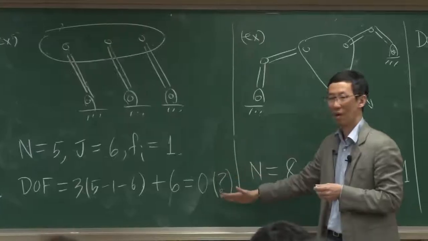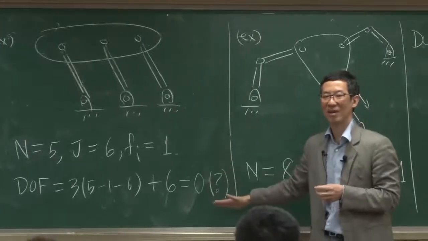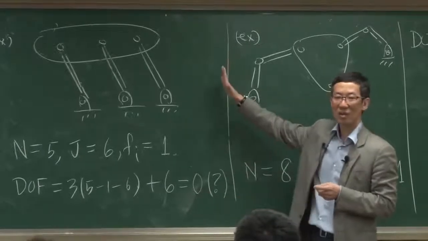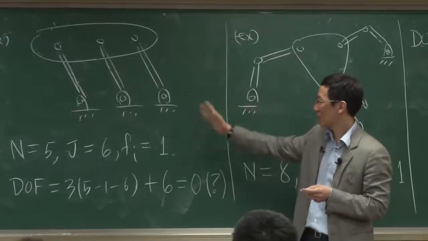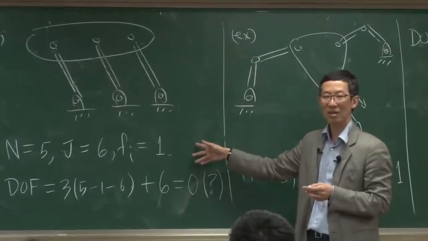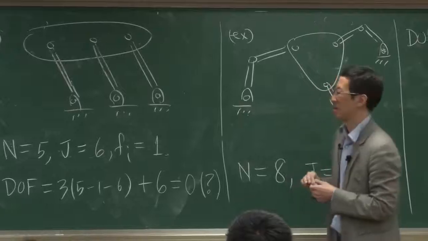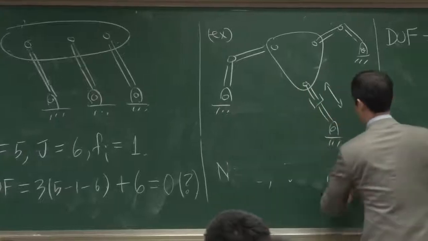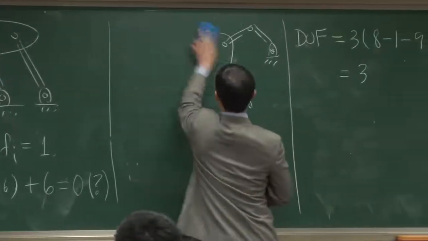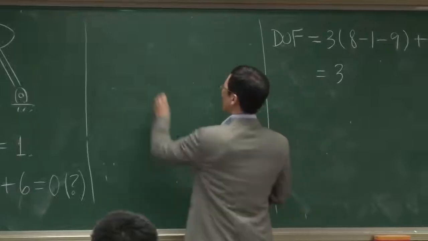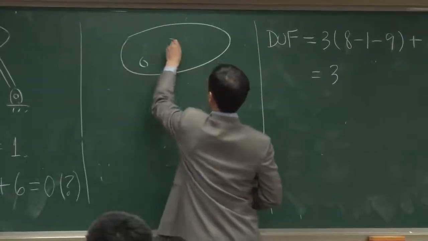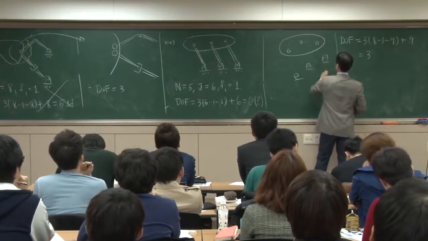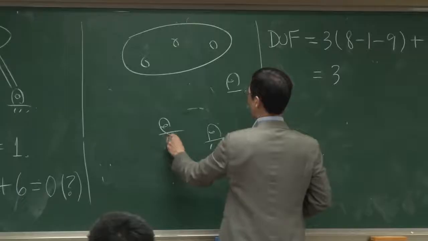So what went wrong here? Is Grubler's formula wrong, or did we do something incorrectly, counting the number of joints or links or degrees of freedom? Not clear, right? All right, what if I drew this instead?